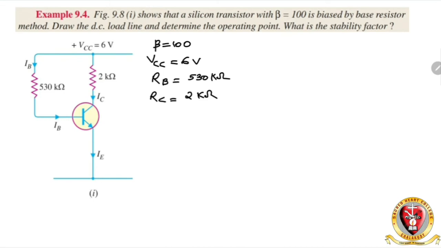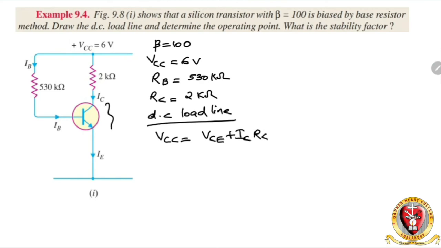Now we have to find the DC load line. Let's remind ourselves how we will draw the DC load line. The DC load line is drawn on the output characteristic curve, and from the output characteristics we have VCC is equal to VCE plus ICRC.